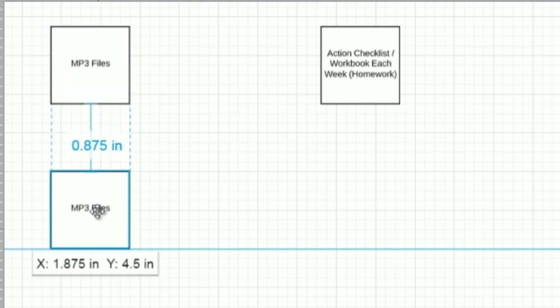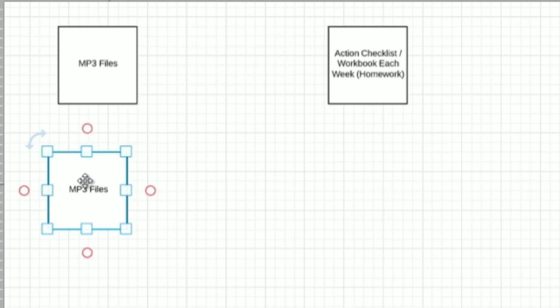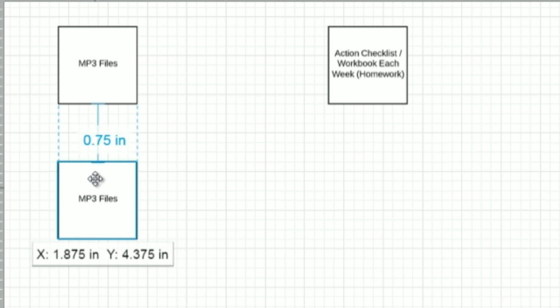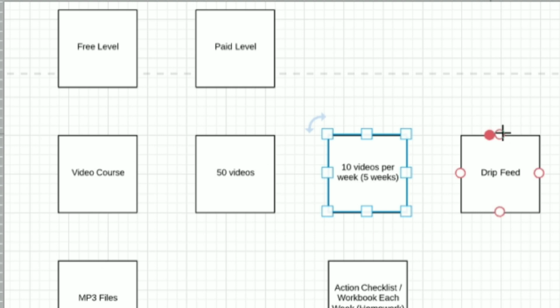So obviously, now that we know that we are distributing it on a drip feed process for 5 weeks, I think I'm going to do what we call a fixed term membership site. Let's see, 10 videos for the, so we could either do a one-time large high-end fee of like $497 or even $197, or we can do a monthly fee.